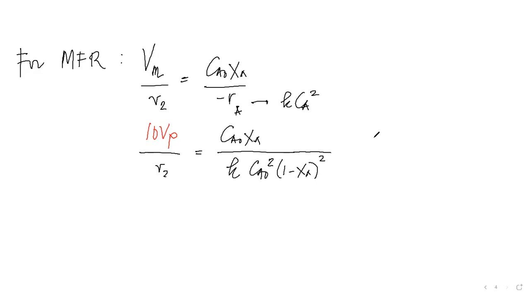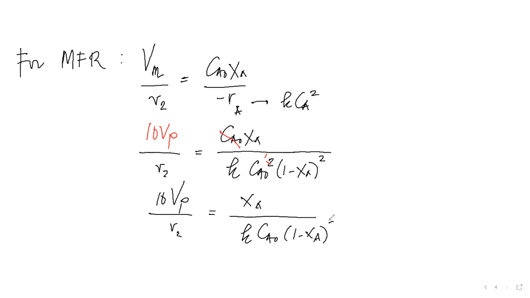Okay, from this setup, we can cancel the CaO. We have one left here, and that's it. Okay, so we can have this expression 10 Vp over V sub 2 is equal to XA over K CaO 1 minus XA squared. Okay, so this is our performance equation for the MFR. And this is our equation 2.